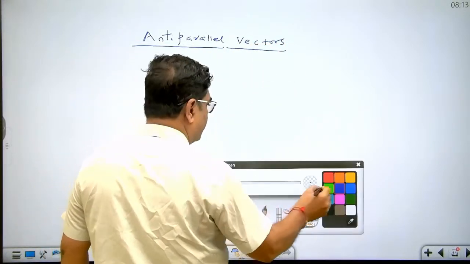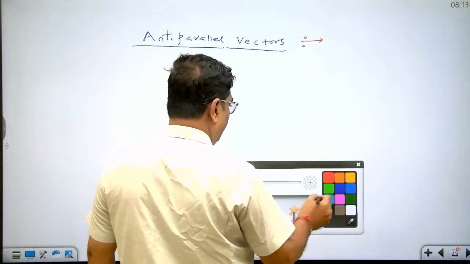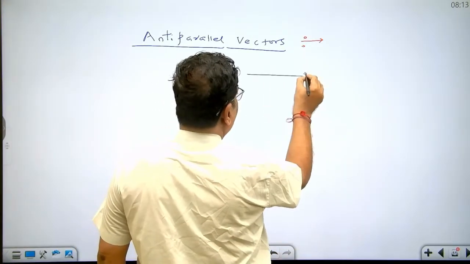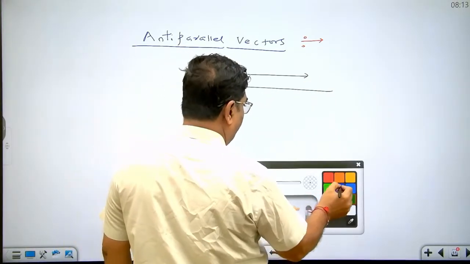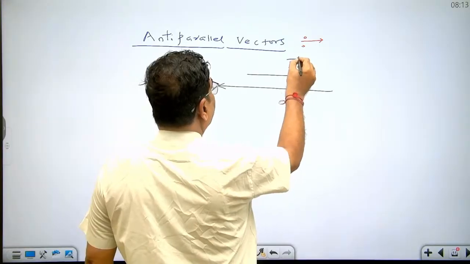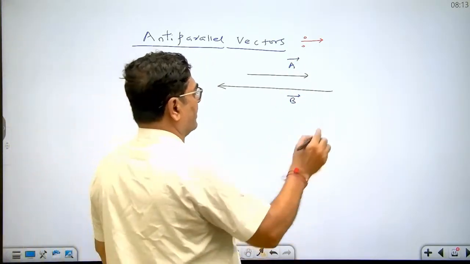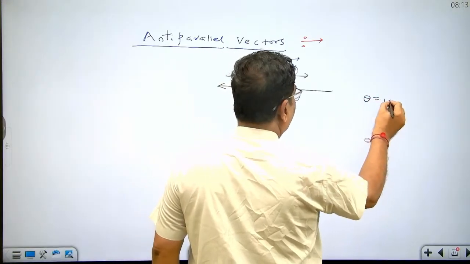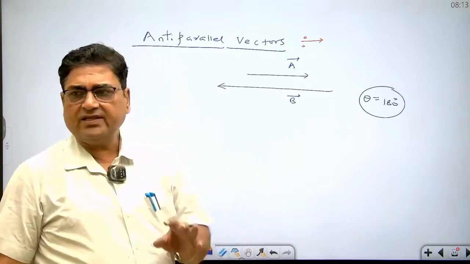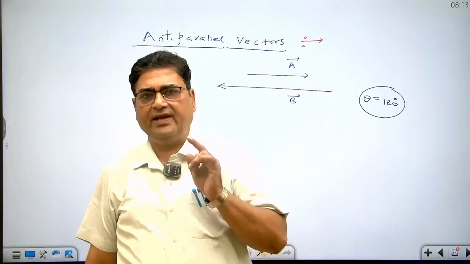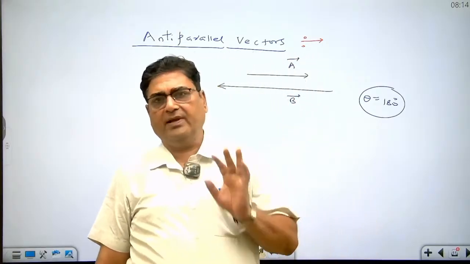Two vectors are said to be anti-parallel vectors when their direction is opposite to each other and magnitude may or may not be same, and angle between two anti-parallel vectors is 180 degree. Two vectors A vector and B vector are said to be anti-parallel vectors when their direction is opposite to each other and magnitude may or may not be same.